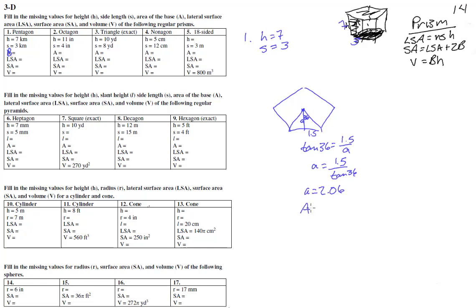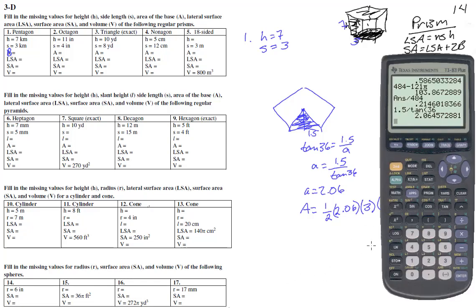The area of the base right here is going to be 1/2 the apothem, 2.06, times the 3, the side length, and then times 5, because there are 5 triangles. Here's the area of one triangle, and then we times it by 5. You'll notice that that's the perimeter as well.